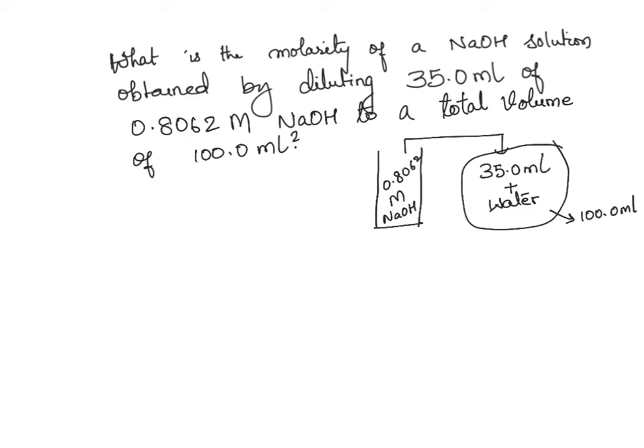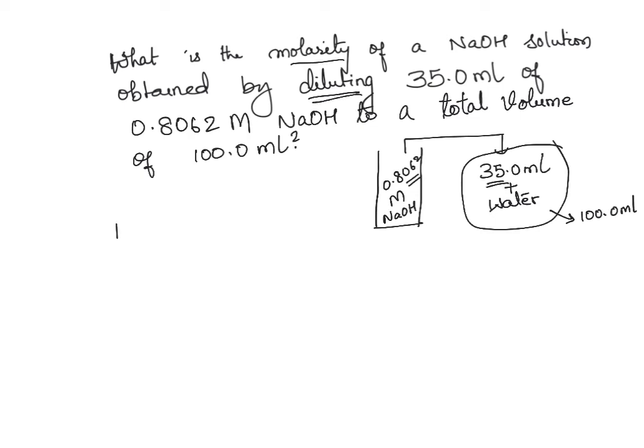So you're adding approximately 65 milliliters of water. This is the concentrated solution, and we are taking 35 milliliters of it and diluting it. We have to calculate the molarity of the diluted solution.